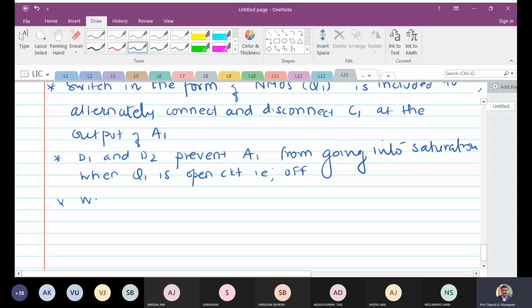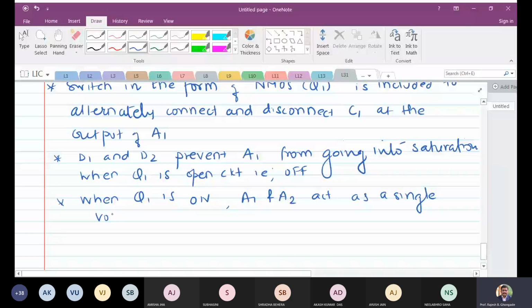When Q1 is on, A1 and A2 act as a single voltage follower, just like the last circuit.